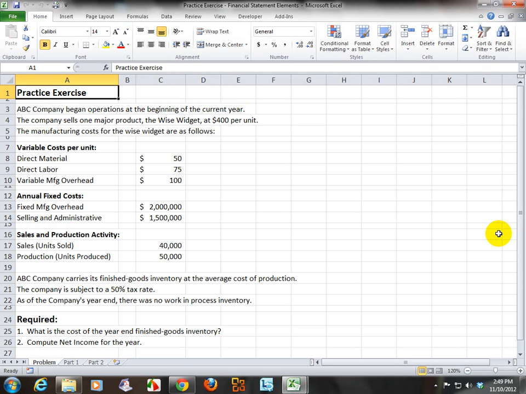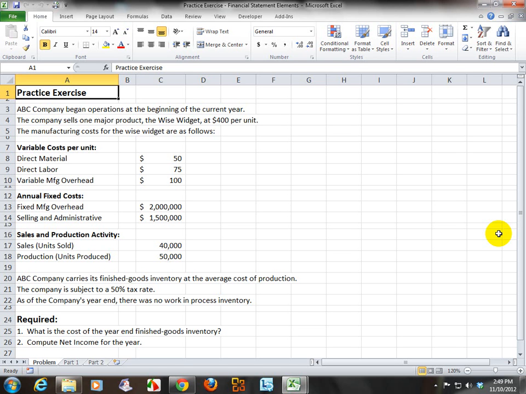During the year, it incurred fixed manufacturing overhead costs of $2 million. It incurred costs of selling and administrative of $1.5 million. For the whole year, it sold 40,000 of these units, and it produced 50,000 of them.